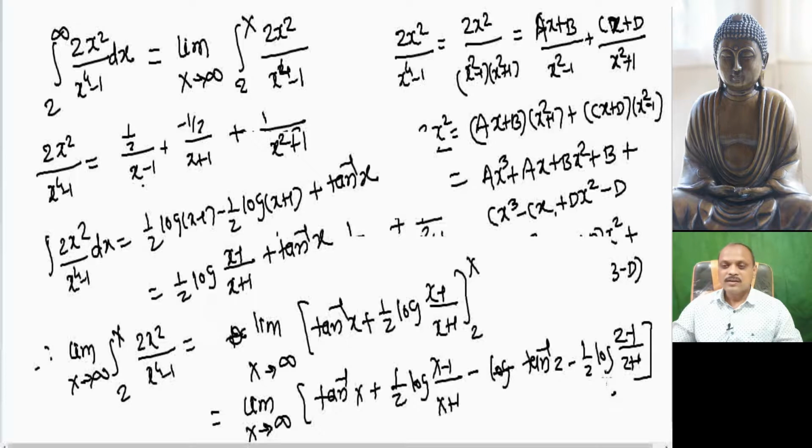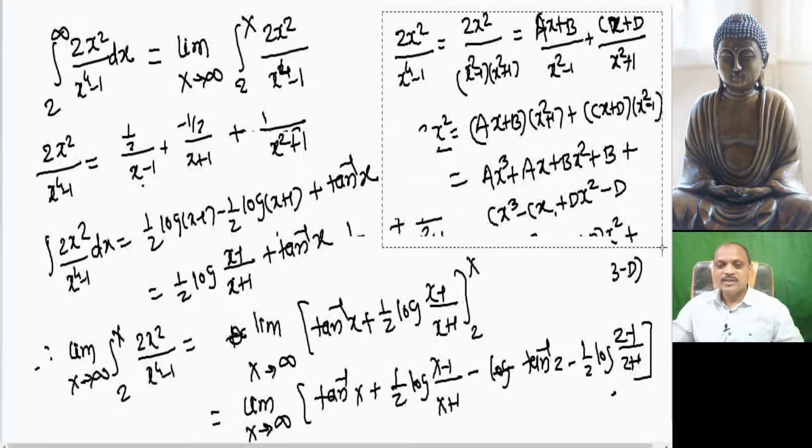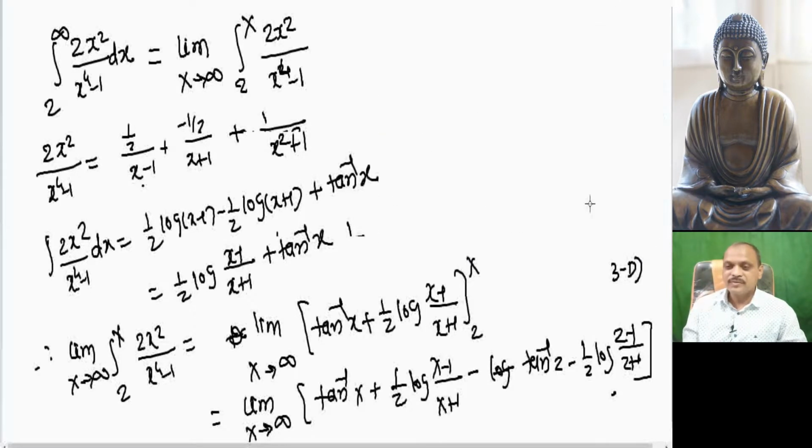Then for the first term, if we apply the limit, tan inverse of infinity is pi by 2, so this will be pi by 2. Here you can see that this ratio will be approximately 1, and hence log of 1 is 0.